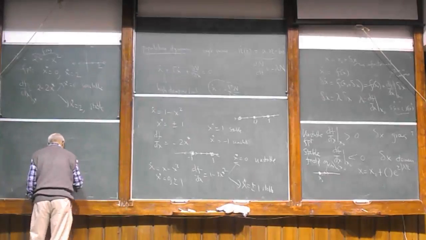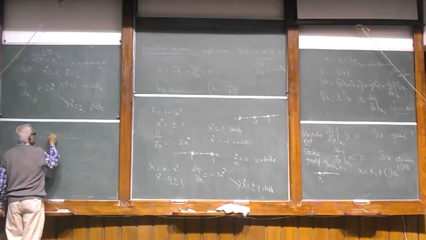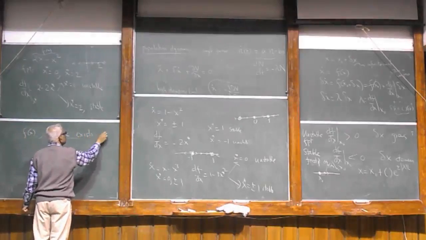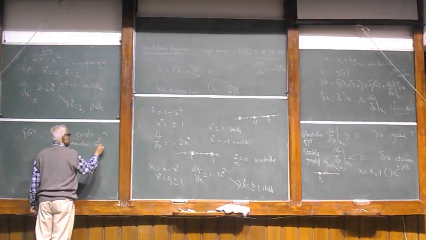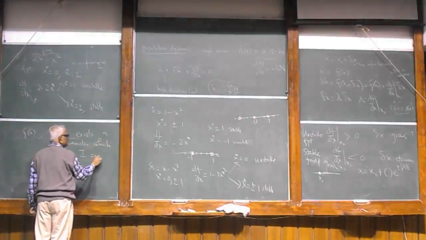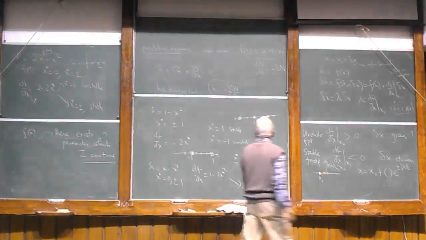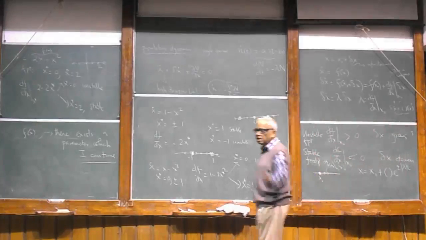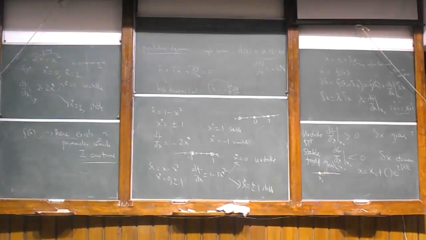The interest comes if in this f of x, x is the variable, but there exists a parameter which can be tuned by any of us. That was the whole business about this magnetization game that I was playing. I had a parameter which was T minus Tc, and by changing the temperature I could make it positive or I could make it negative.